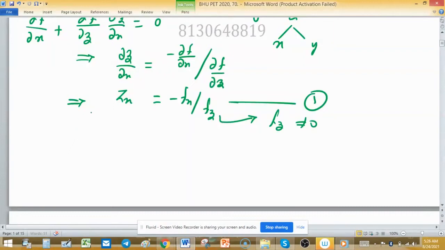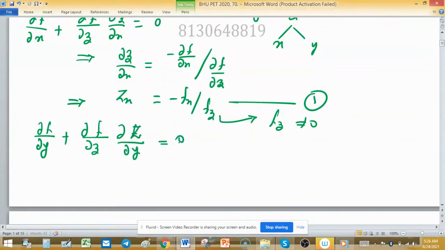Now find the partial derivative of f with respect to y. So the partial derivative of f with respect to y plus, because f is a function of y, also f is a function of z, and z is a function of y also.